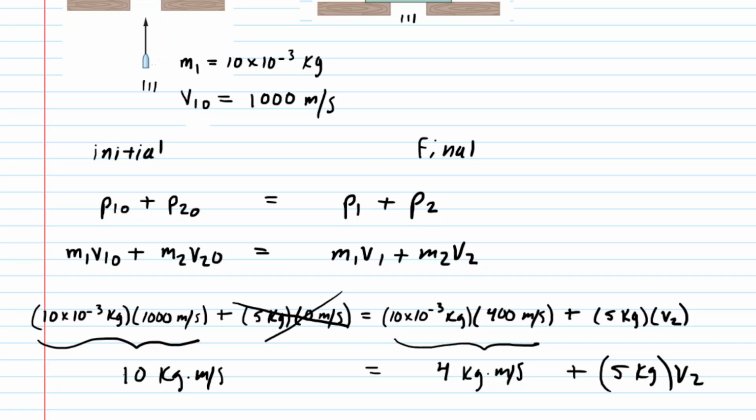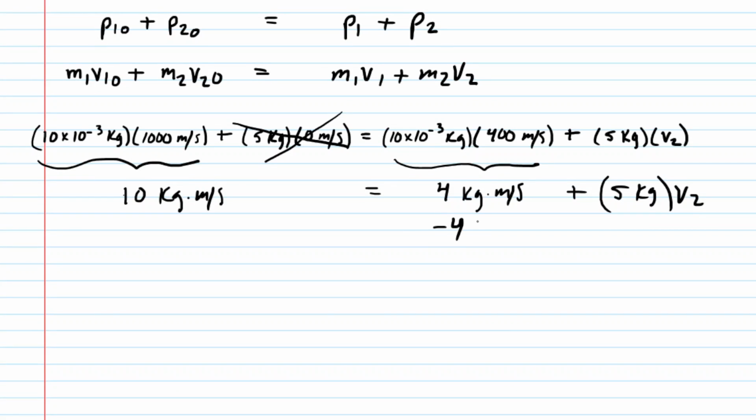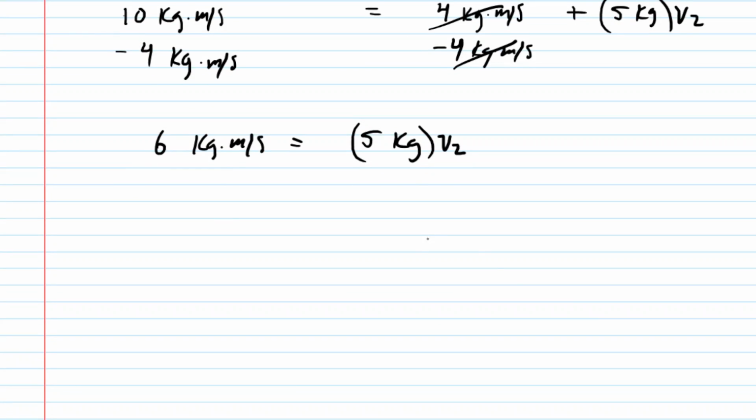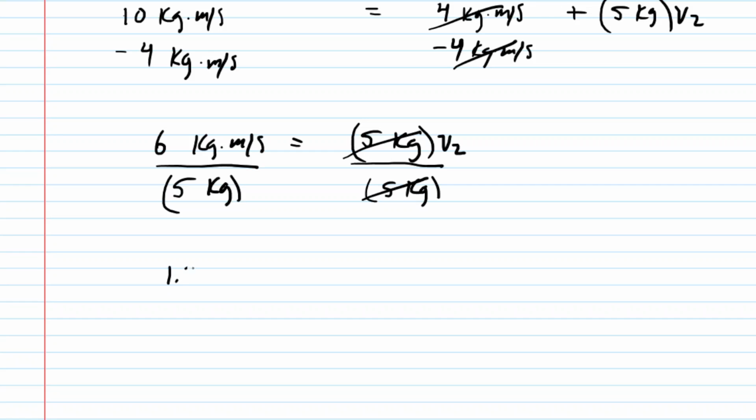Of course, our next move here is to subtract the 4 kilogram meters per second from both sides. This goes to 0 here, and now we have 6 kilogram times meters per second. This is equal to the 5 kilograms multiplied by v2, and then finally we will divide both sides by 5 kilograms. So these cross off. We are left with 1.2 meters per second. This is equal to v2.